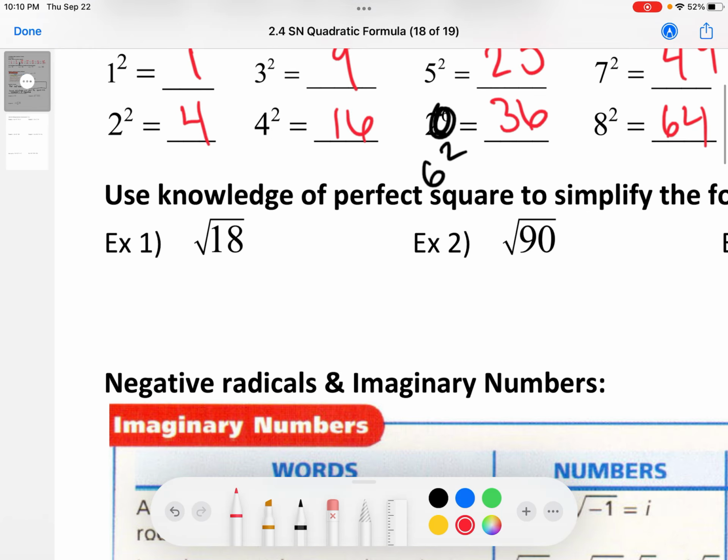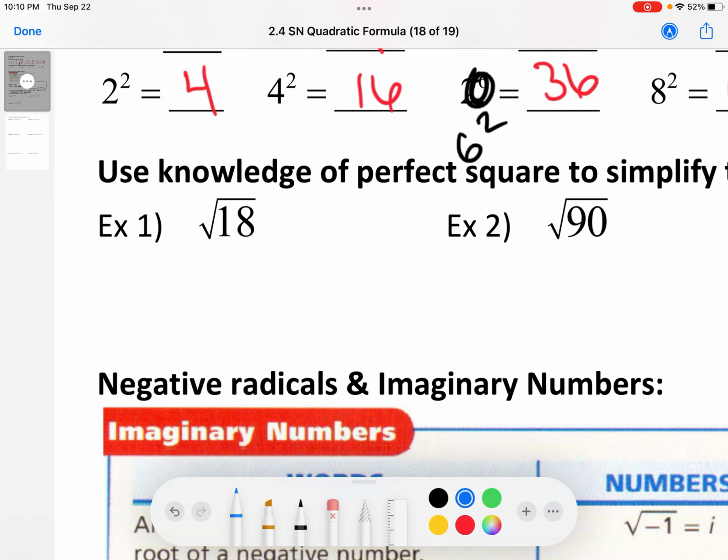To simplify radicals: a radical is totally simplified when no perfect square factors exist under the square root sign. So to simplify this, we look for a perfect square that is a factor of 18. The perfect square that divides into 18 is 9.